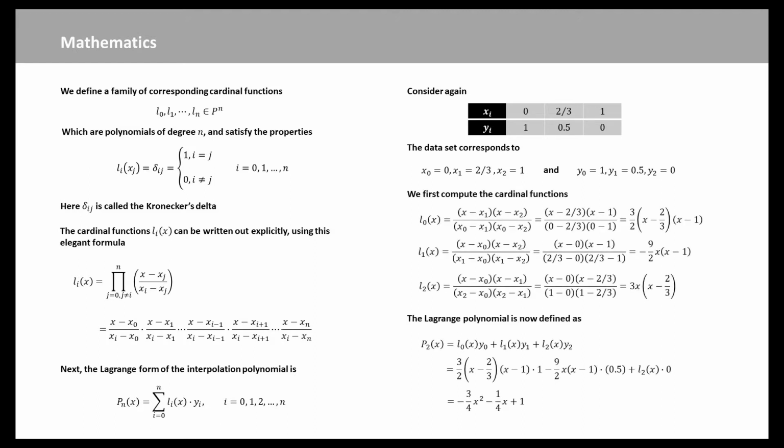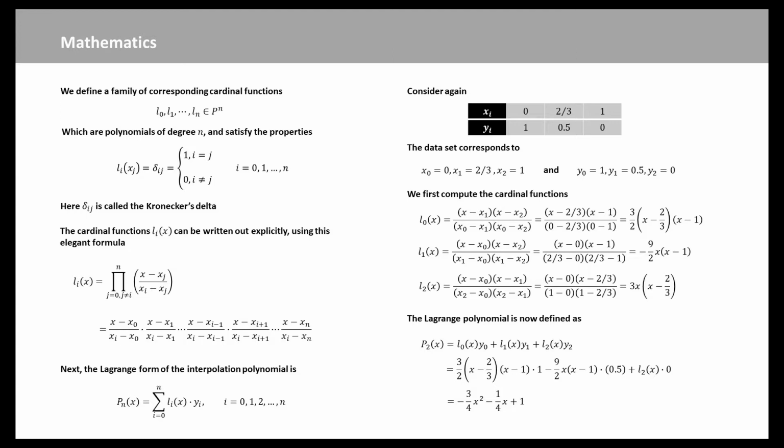Following the Lagrange form, we first must compute the cardinal functions. And for this example, we will have 3 of them, L0, L1, L2 of x. Then we can plug these cardinal functions into the Lagrange form and write out the polynomial P2. So P2 equals L0 times y0 plus L1 times y1 plus L2 times y2, where we have already computed the 3 cardinal functions, and y0, y1, y2 are given data.